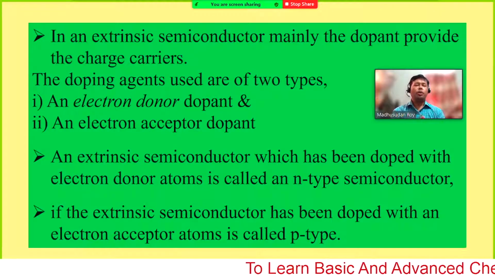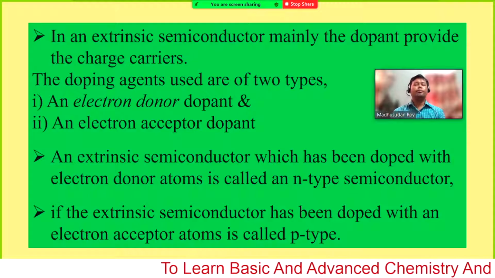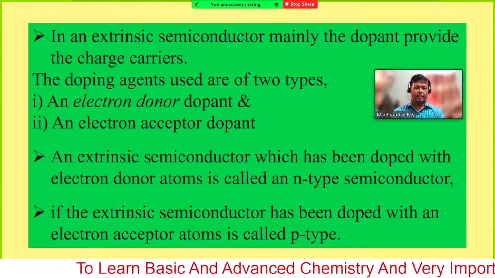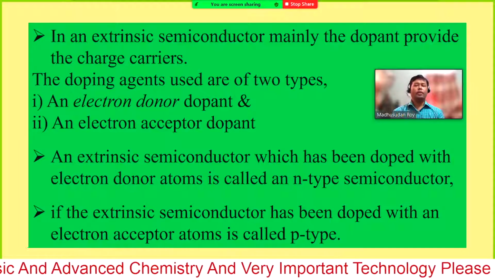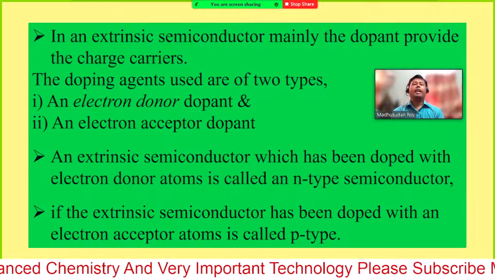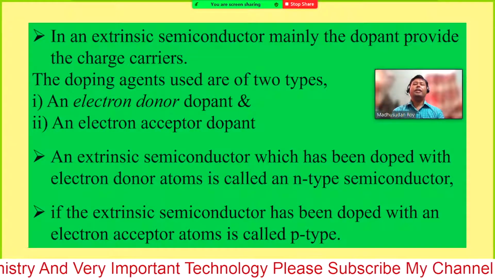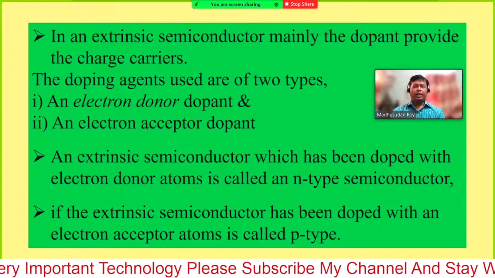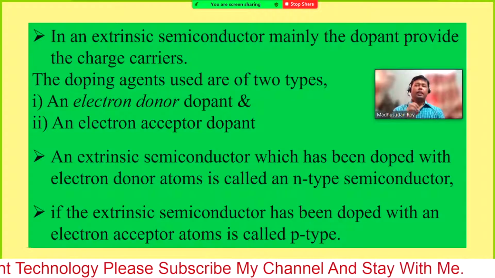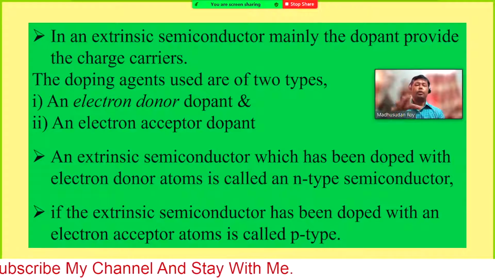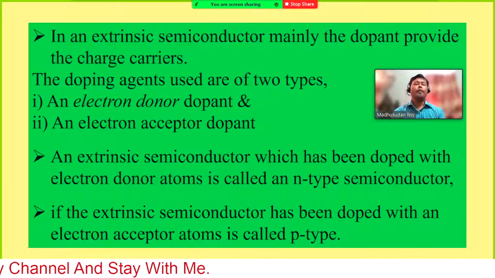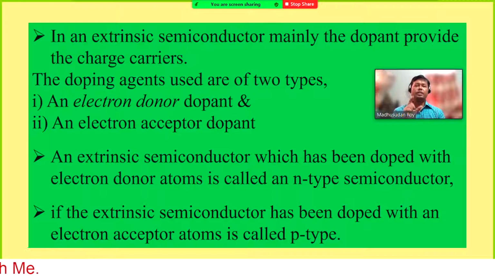Based on the property of the semiconducting material, we consider two different types of doping agents: an electron donor dopant and an electron acceptor dopant. An electron donor has more electrons, so it can donate one electron to another atom. It may have 5 electrons, so it has one electron extra.